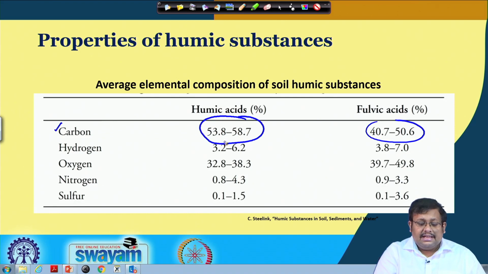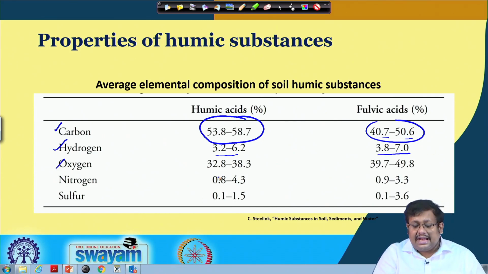In case of humic acid, the carbon concentration varies from 53.8 to 58.7%, whereas in fulvic acid it is 40.7 to 50.6%. The hydrogen content is 3.6 to 6.2% in humic acid, and 3.8 to 7% in fulvic acid. So, we are not seeing very much difference here.